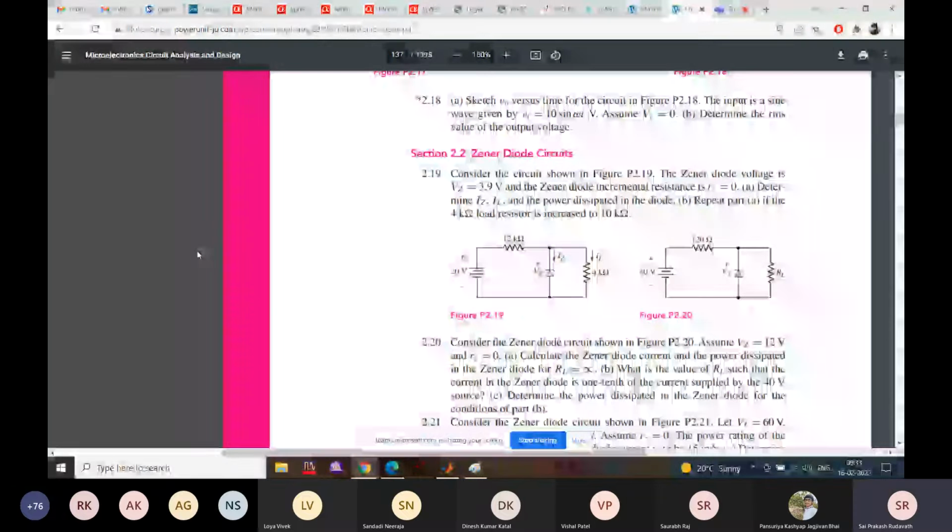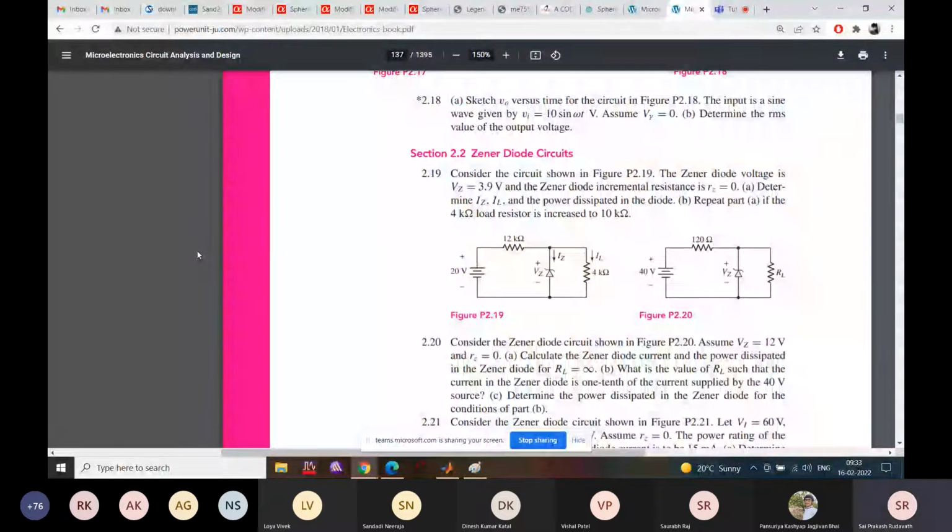Everyone got the answer? Yes, sir. Try the second circuit also, 2.20.